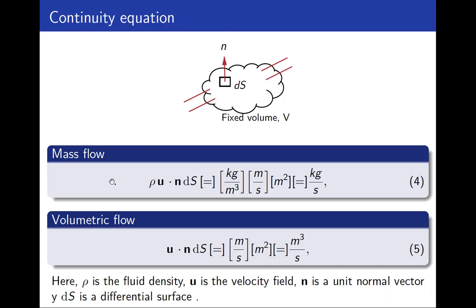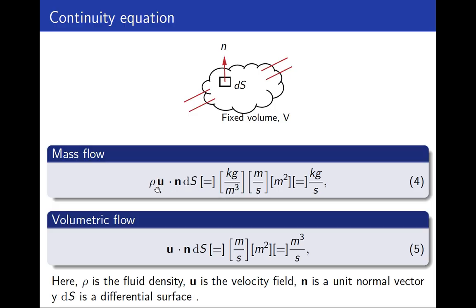So I also want to calculate some important quantities that will be used to derive the continuity equation. So the mass flow can be calculated as follows. The fluid that is entering here has a density which has units of kilograms over cubic meters.